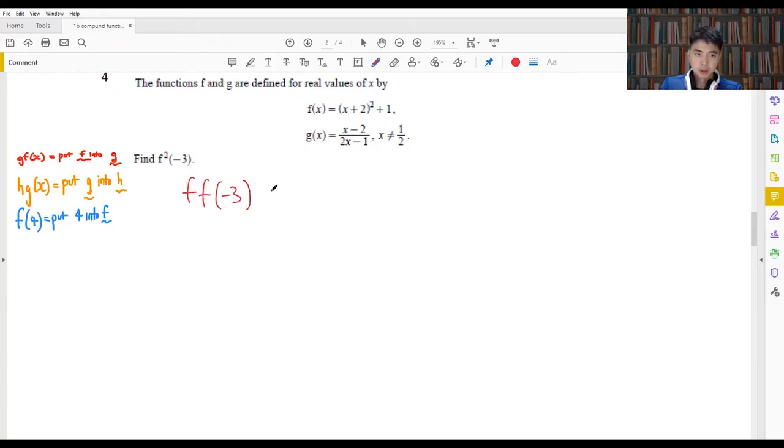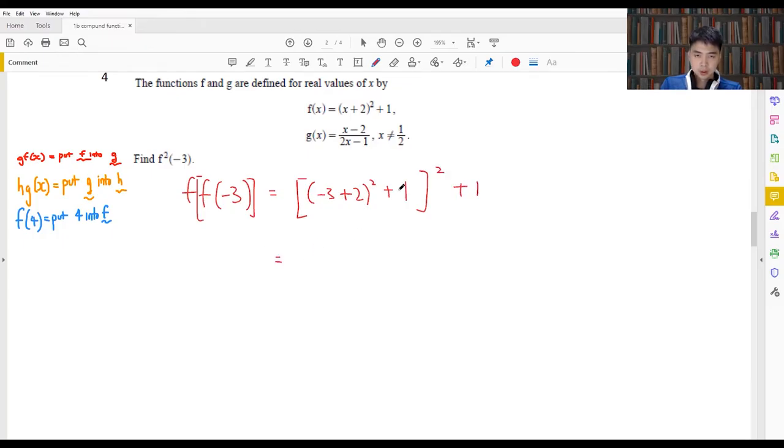Substituting the negative 3 into the equation: negative 3 plus 2, squared, plus 1. This is your f(negative 3), the first step here. Then put it back into your f. Then this is squared plus 1 again.